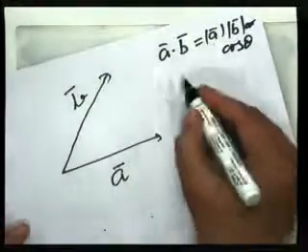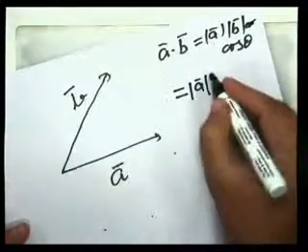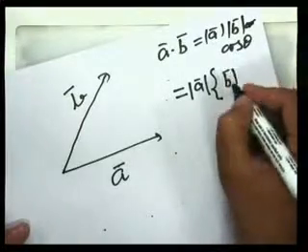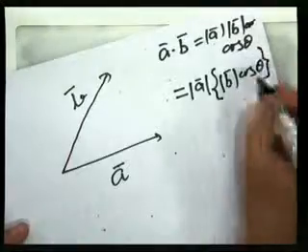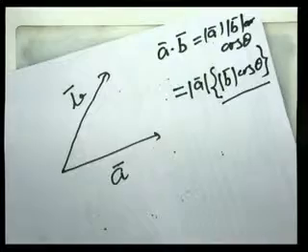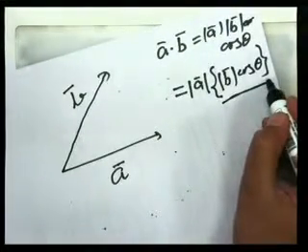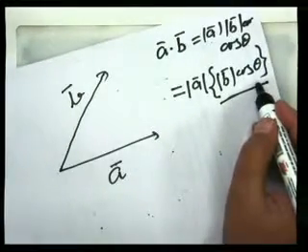So now I use modulus A and separate out modulus B cos theta. What is the meaning of this bracket? The meaning of this bracket is nothing but the projection of the vector B on the vector A.